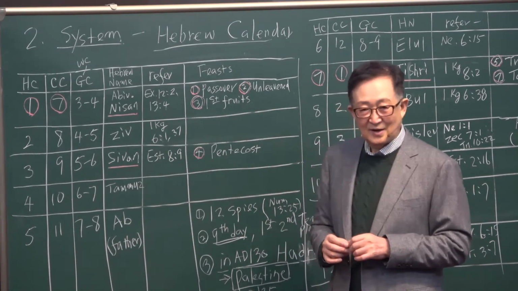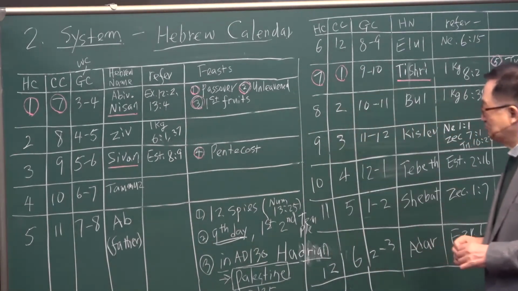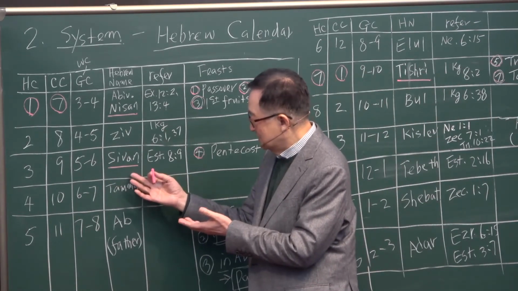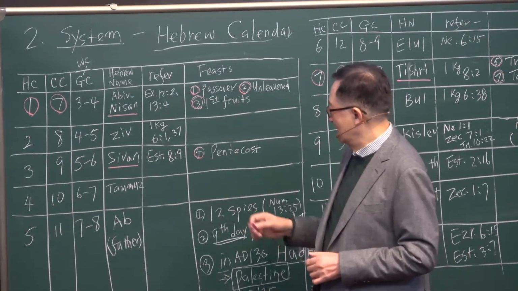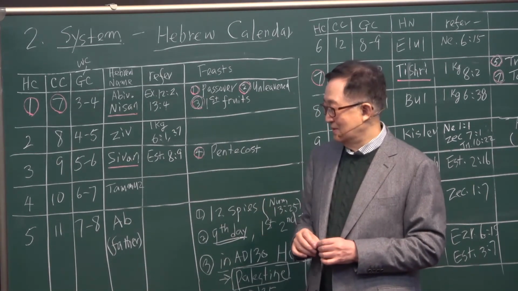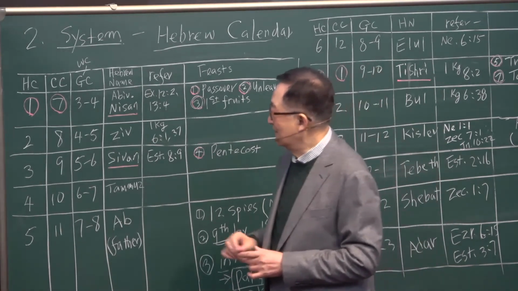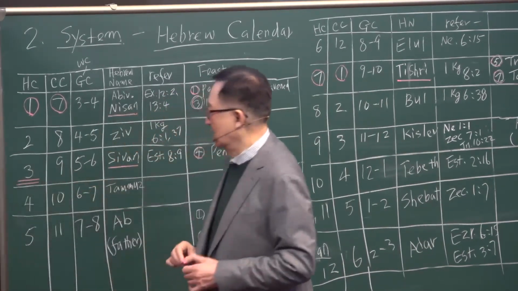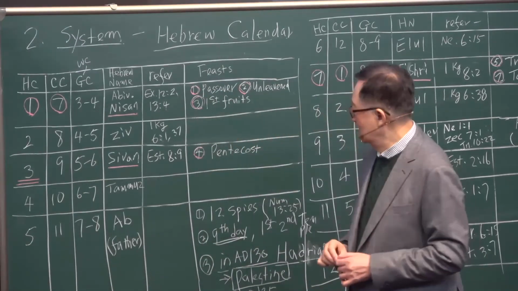Okay. Now, here, the month of Sivan, the Pentecost. Here, their third month, actually March 6th.